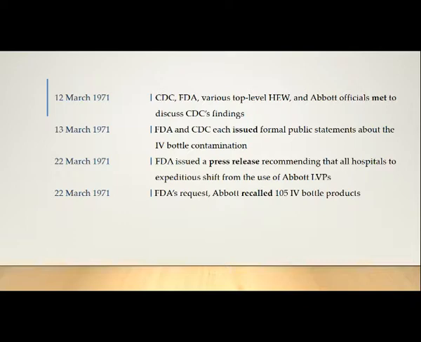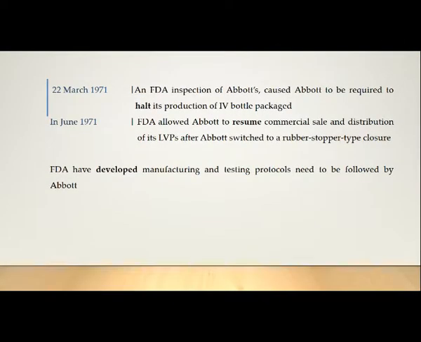On 22 March 1971, FDA issued a press release recommending that all hospitals expeditiously shift from the use of the Abbott IV bottle. On 22 March 1971, FDA requested Abbott to recall 105 IV bottle products. On 22 March 1971, FDA inspection on Abbott once again required Abbott to halt its production of the IV bottle package.